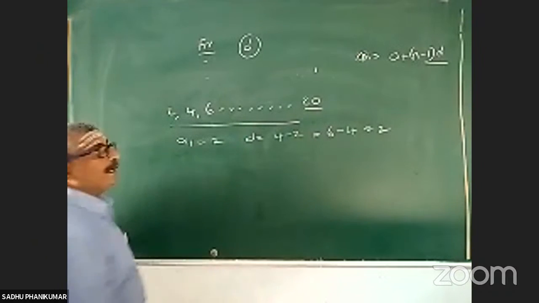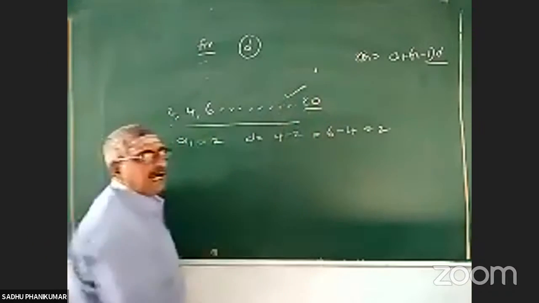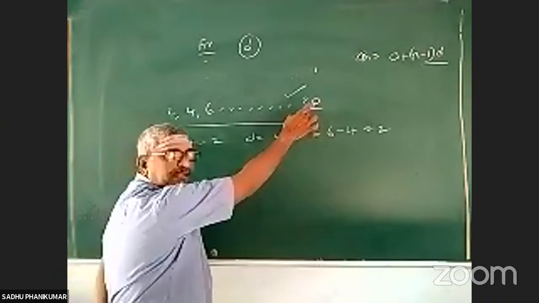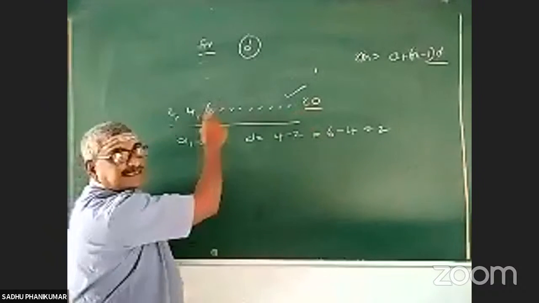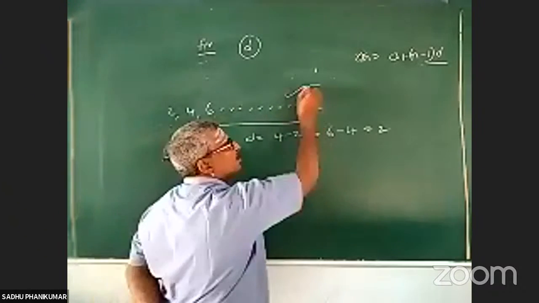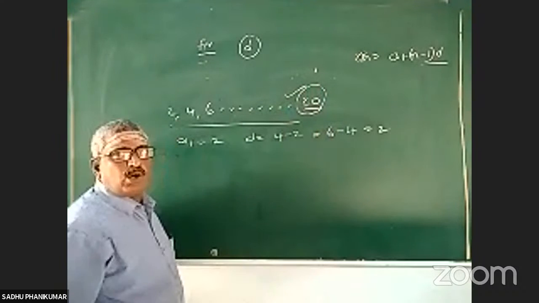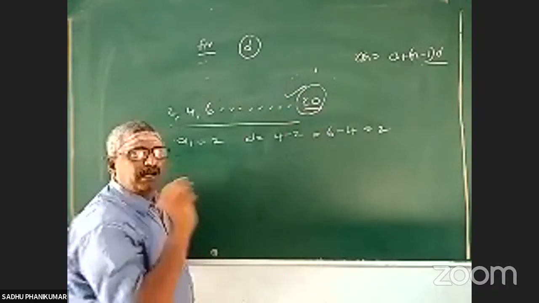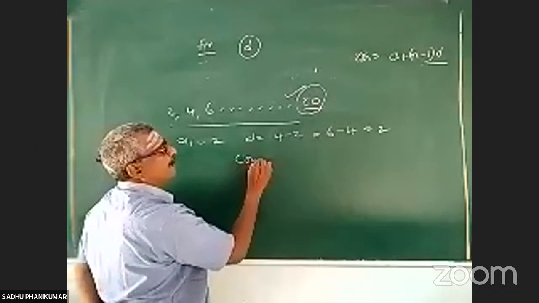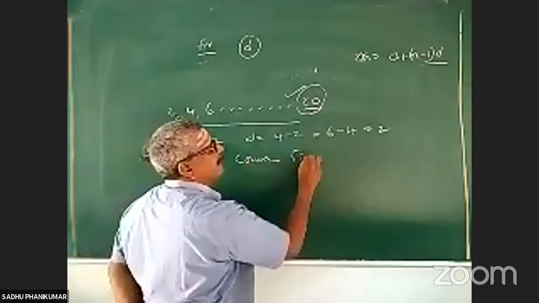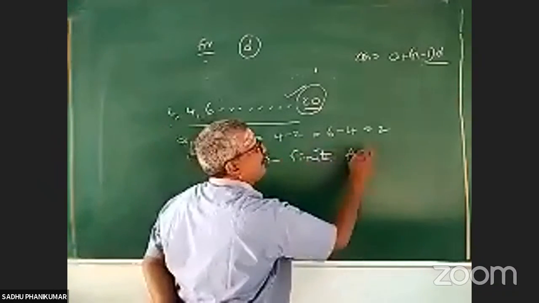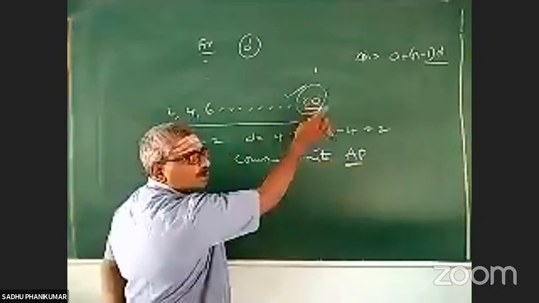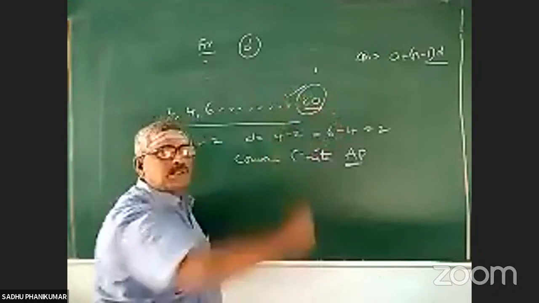In this AP, we are able to find the total number of terms involved. After 6, 8, 10, and so on up to the end, we can count the number of terms. So, in an AP, if you can count the number of terms, it is called countable or finite, a finite arithmetic progression, because we can say how many terms are in the total AP.